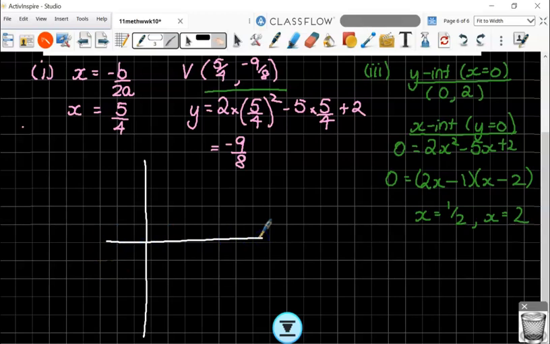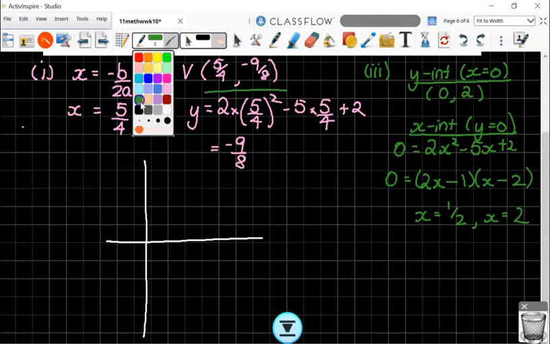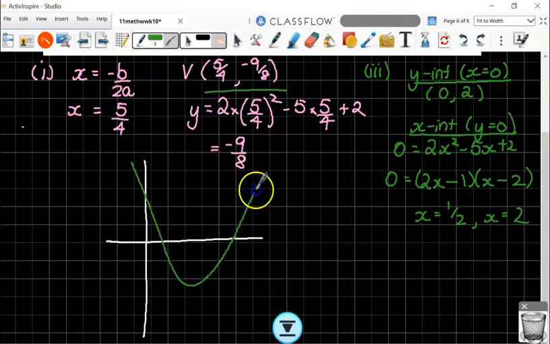Yes? Vertex is a little bit down, so I'm going to do this. Nice. I'm just going to fill in my shapes now. So what was that? That was 2. This was a half. This was 2.